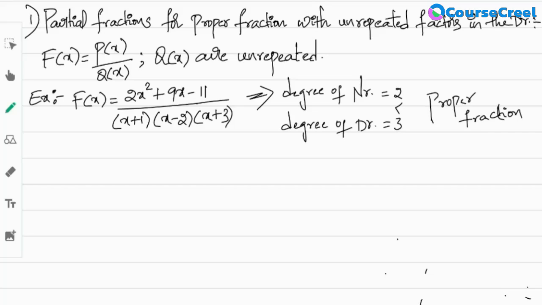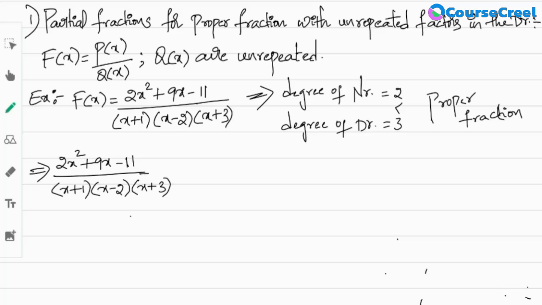Now what we have to do is split the given fraction, 2x square plus 9x minus 11 by x plus 1 into x minus 2 into x plus 3, into individual partial fractions with numerators as unknown values and denominators as each unrepeated factor.